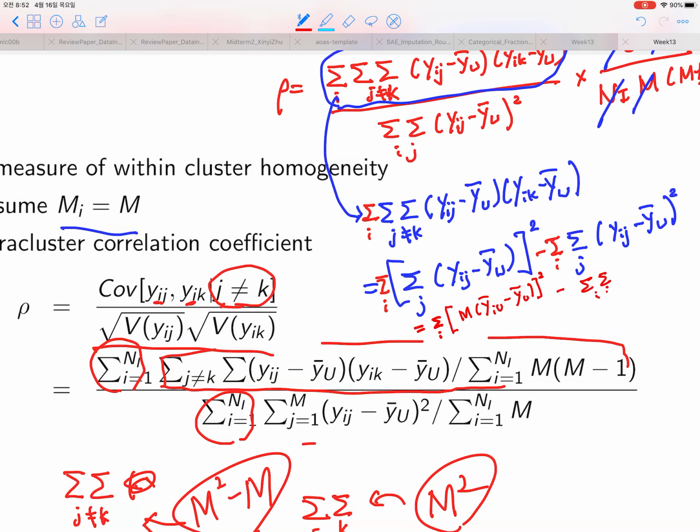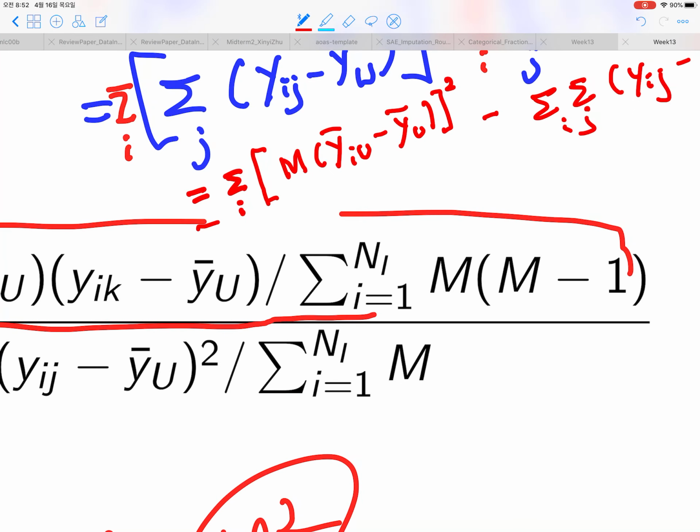This second term is not really difficult. It's m times the summation over i and the summation over j.